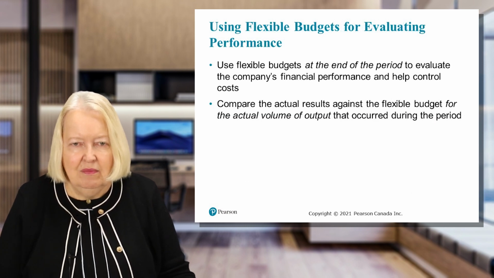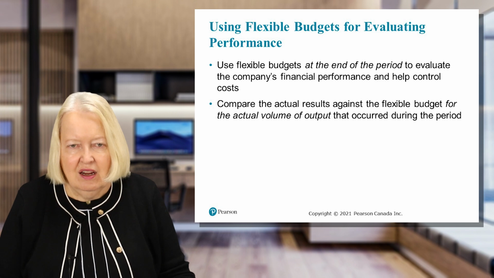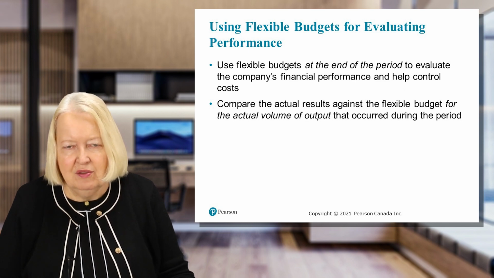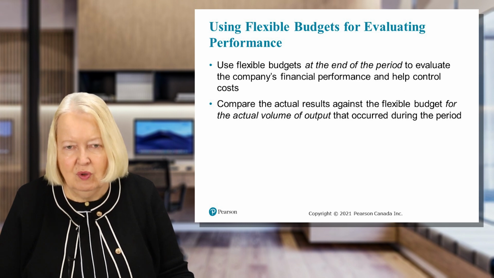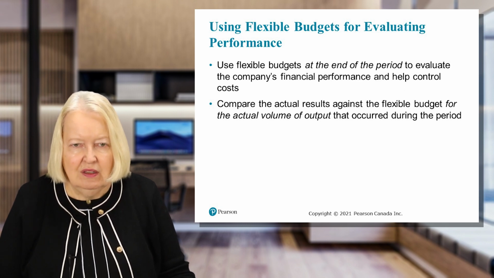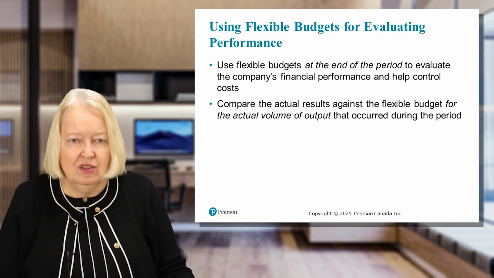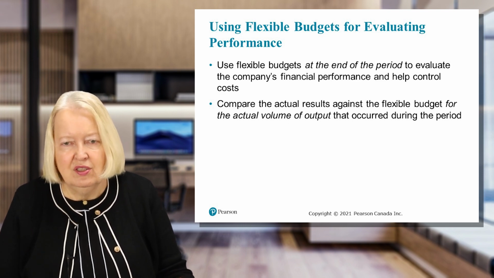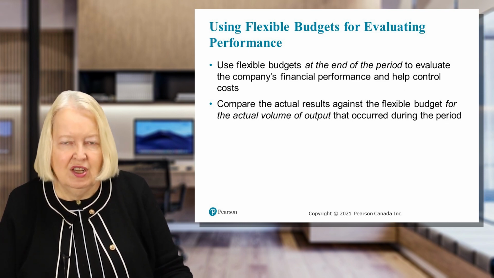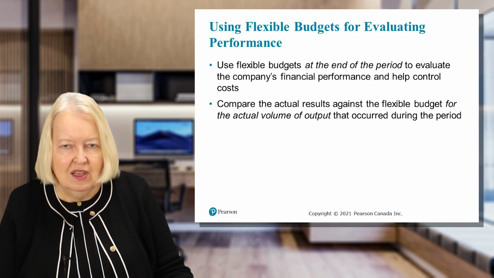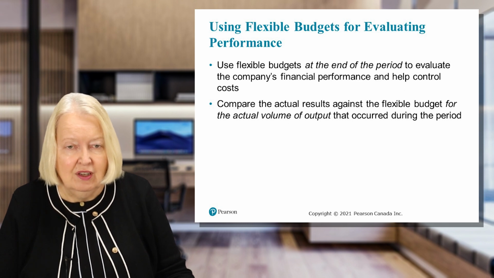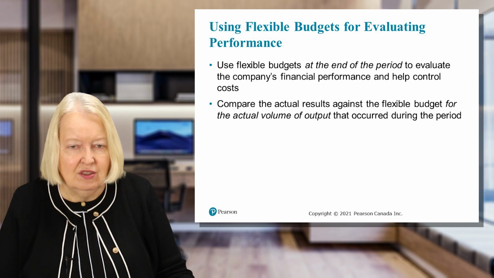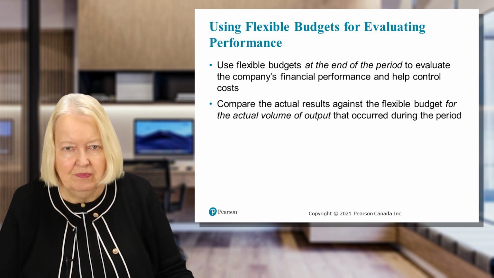So the flexible budgets are used to help management plan for the future and help them control costs. If they're looking at their actual results compared to their budget, they may need to change their future predictions because maybe the cost of materials has increased and it's going to continue for the subsequent 1 or 2 years. So you'd have to go in and change your budget accordingly.